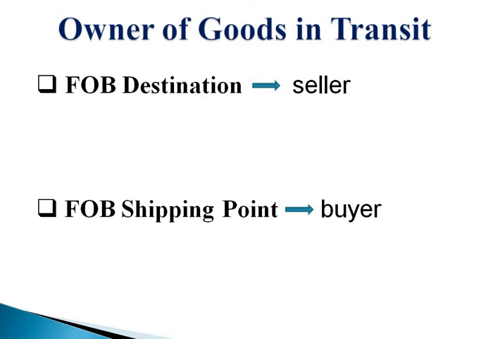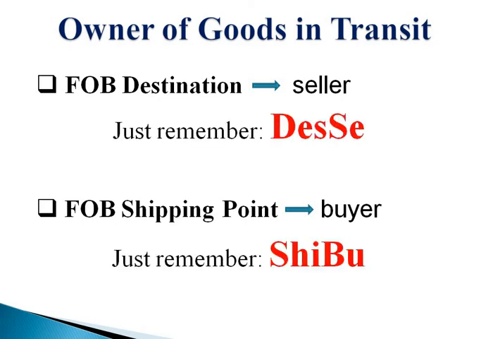Now, let me give you a tip for easy recall. Just remember, Dese and Shibu. In FOB destination, the seller owns the goods in transit. Shibu, meaning in FOB shipping point, the buyer owns the goods in transit.